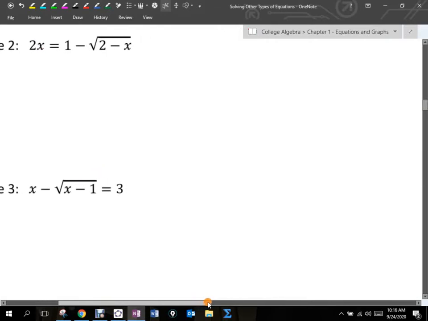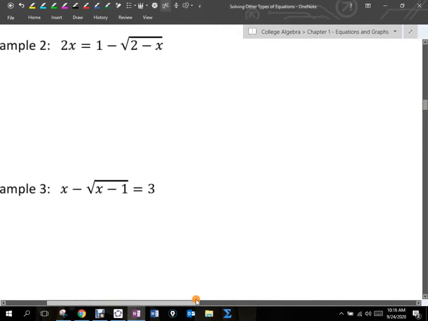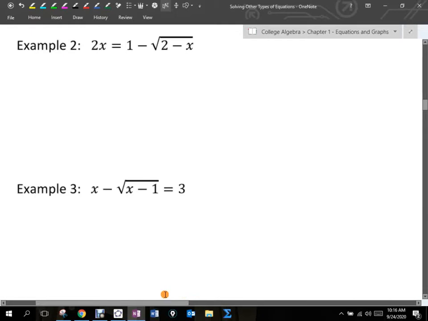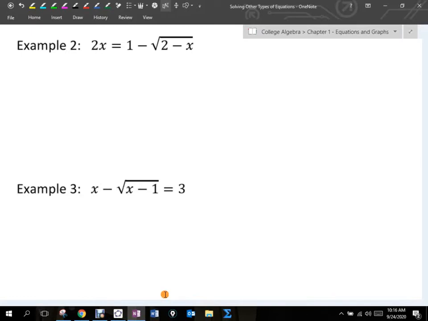There's a couple things that when we talk about isolating the root, really all you have to do is isolate the root term. If you've got a multiple out in front, you have the choice of leaving it or getting rid of it before you use the inverse power operation.